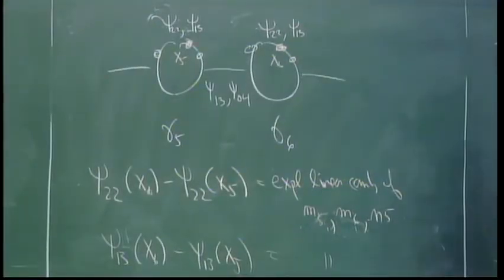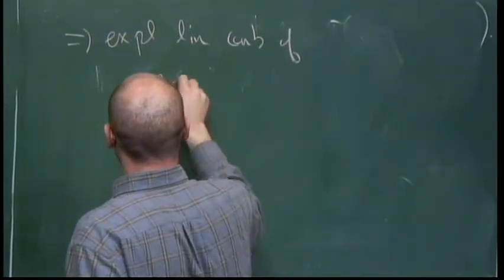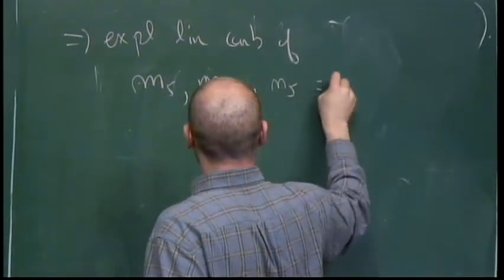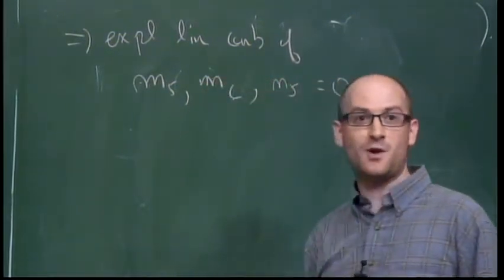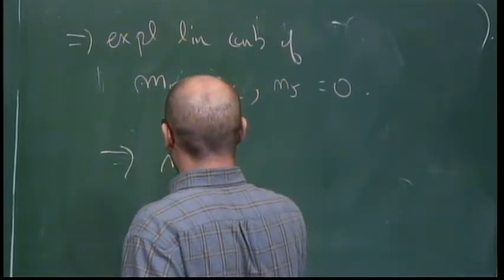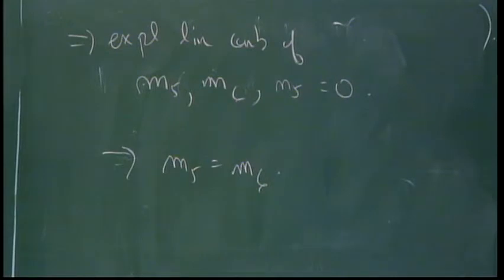So this implies that an explicit linear combination of m5, m6, and n5 is equal to 0. And when you do the computation, which I'm not going to do here, you actually get that m5 is equal to m6. So it's a linear relation with small integer coefficients.